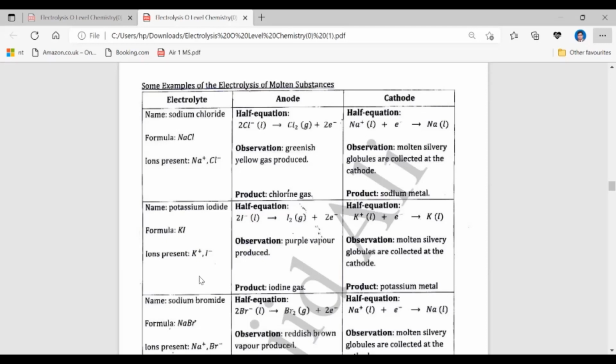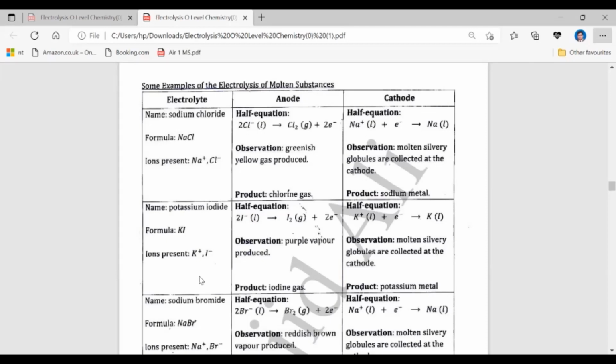During electrolysis, these oppositely charged ions will move towards their respective electrodes. Positive ions, meaning cations, will move towards the cathode, and anions or negative ions move towards the anode.